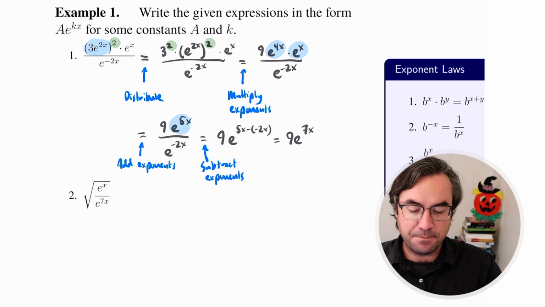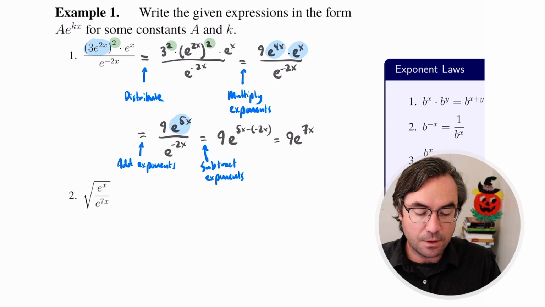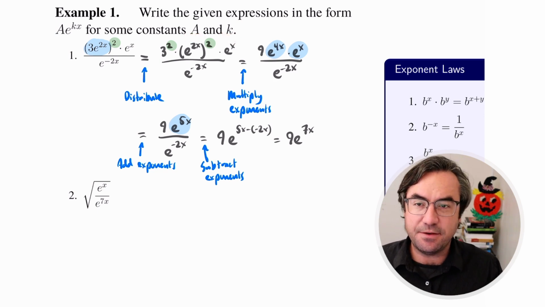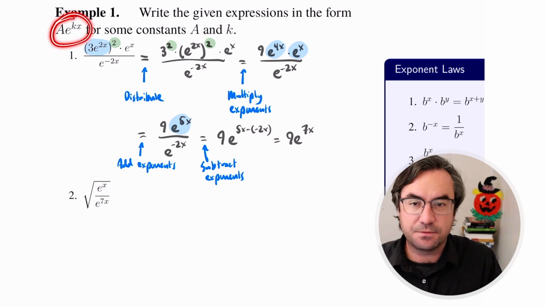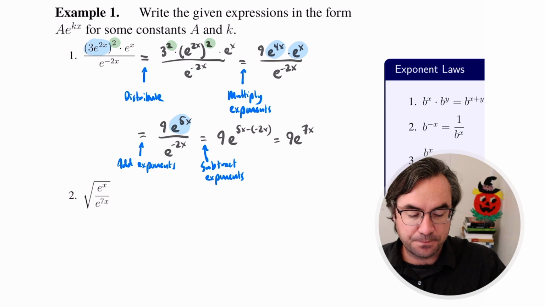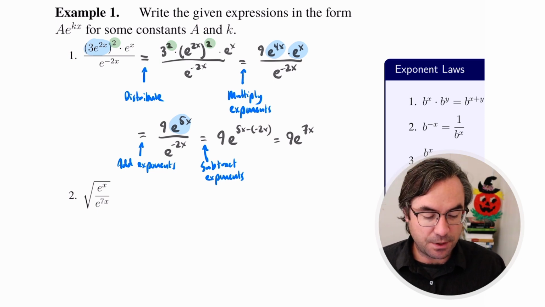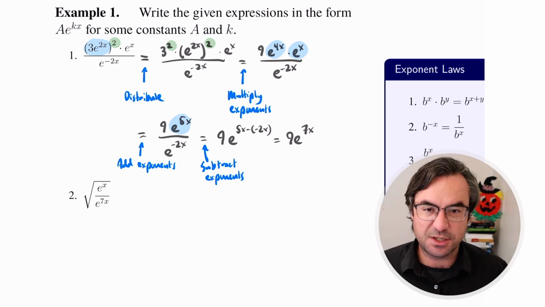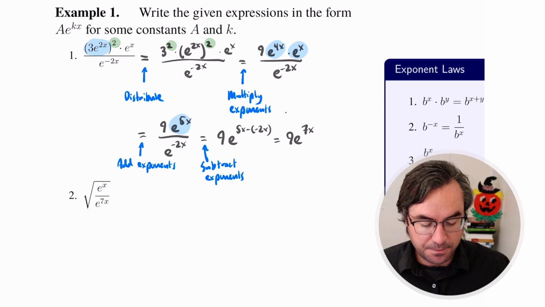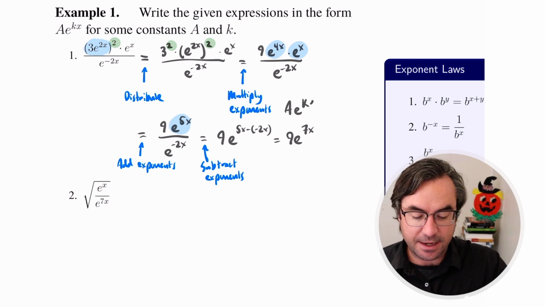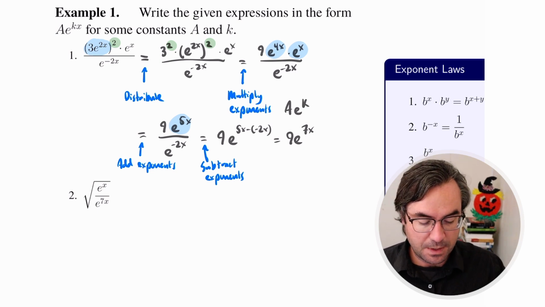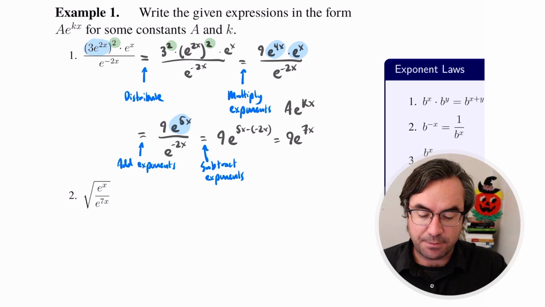And so if we wanted to figure out what is the a value and what is the k value for our simplified version here, well, it helps to just write what we wanted, in the form a times e to the kx. And then you just kind of match things up.